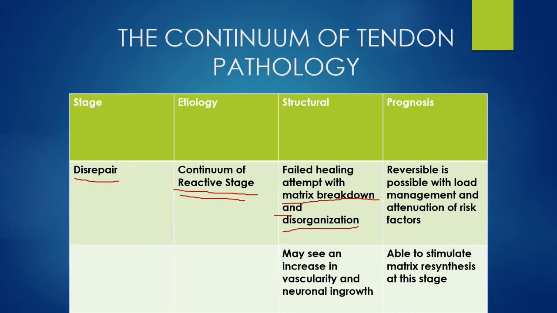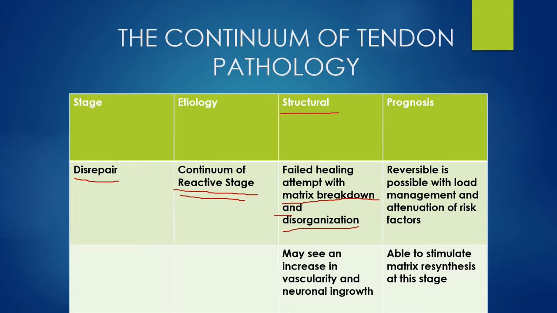So in the reactive stage, we saw the first structural changes taking place in the extracellular matrix. In the disrepair stage, the extracellular matrix continues to break down and become increasingly disorganized, but we don't yet see changes in the cellular structures. Those are going to come later.